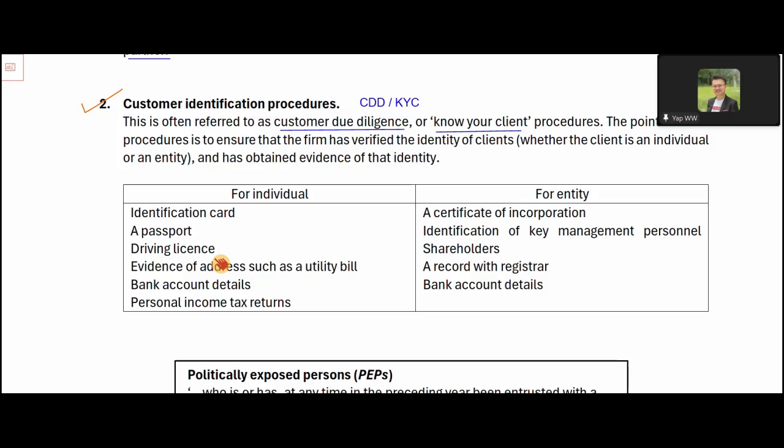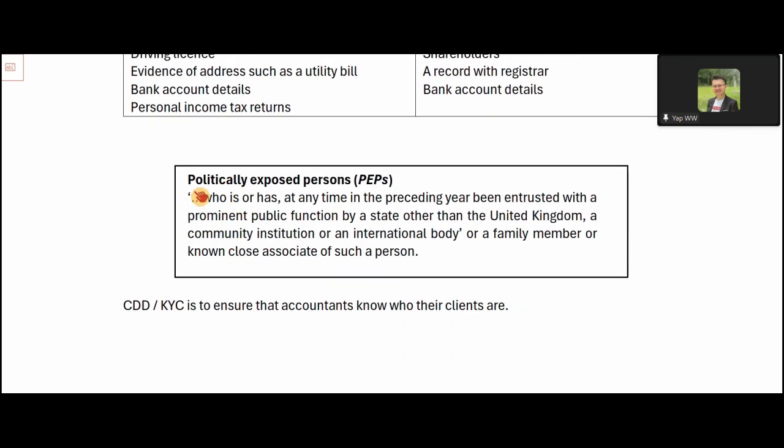Why? When you accept a new client, you have to verify the background of the client to see whether any politically exposed persons are involved in their management or not. Now, you don't need to memorize the definition for PEPs. These PEPs are basically referring to politicians.